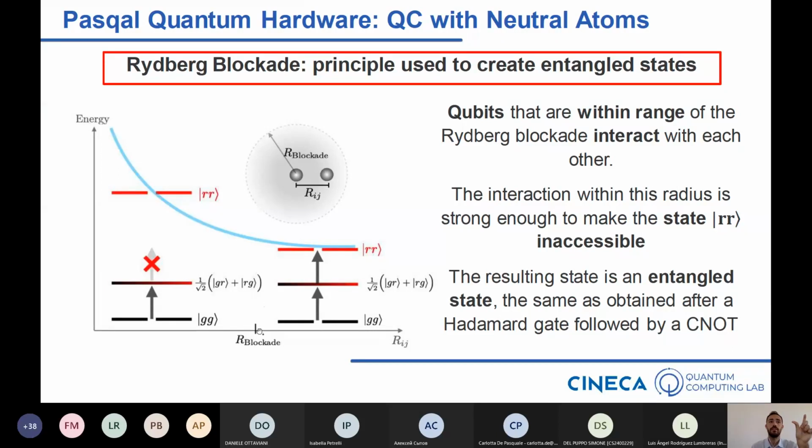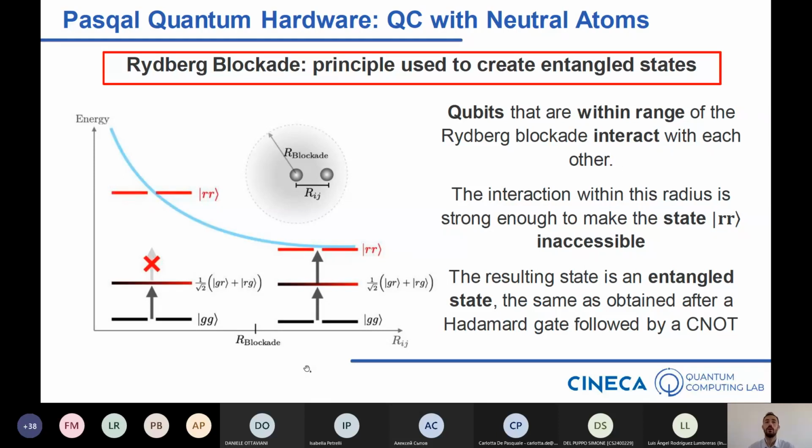In the middle you have the Rydberg blockade, and here you have the energy of the different levels. The ground state has some low energy, then there is the energy associated with the entangled state. Then you have the Rydberg energy.